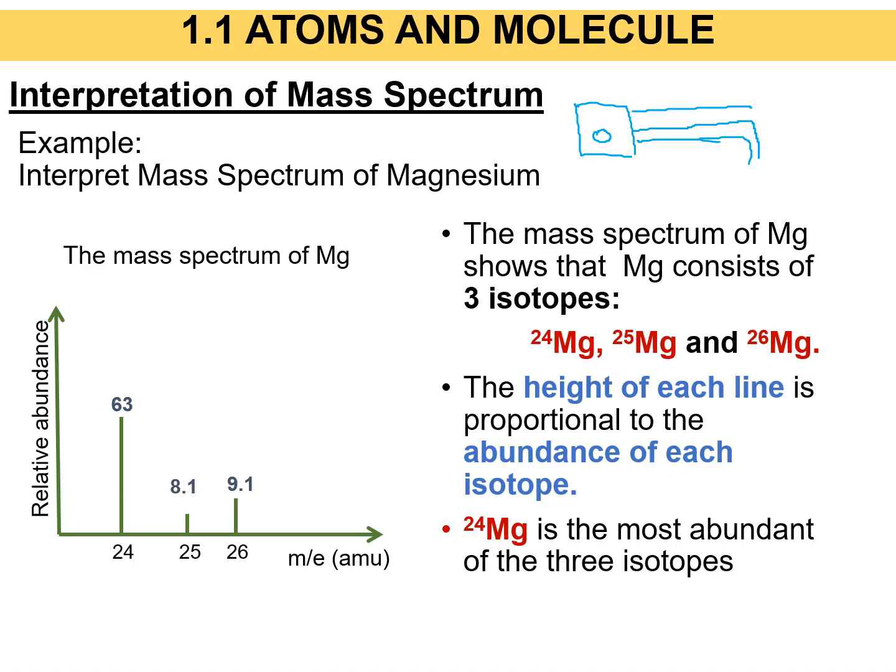Lepas tu tiba ada ion detector kat sini. Lepas tu nanti dia akan detect lah elemen tersebut, and then dia akan pancarkan dekat dalam komputer ataupun recorder. Dia akan pancarkan mass spectrum.